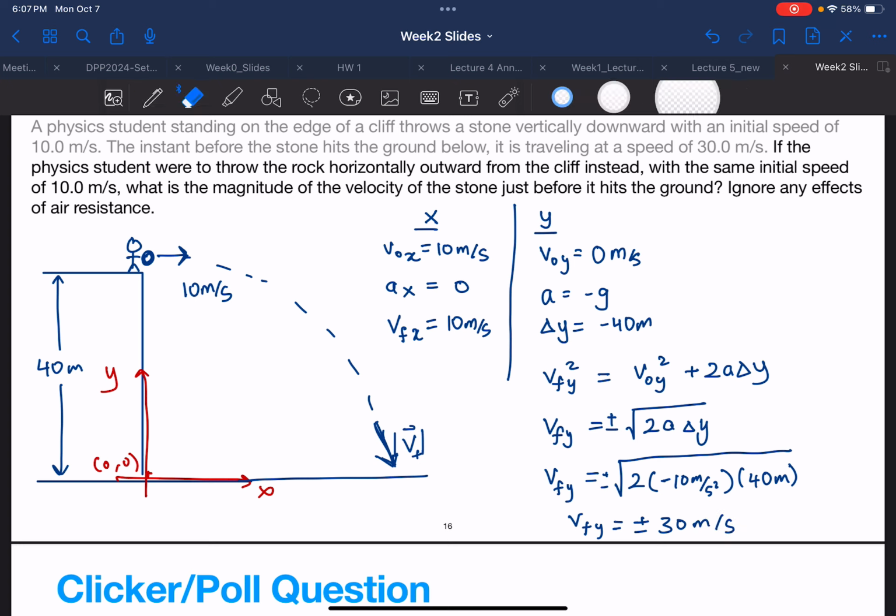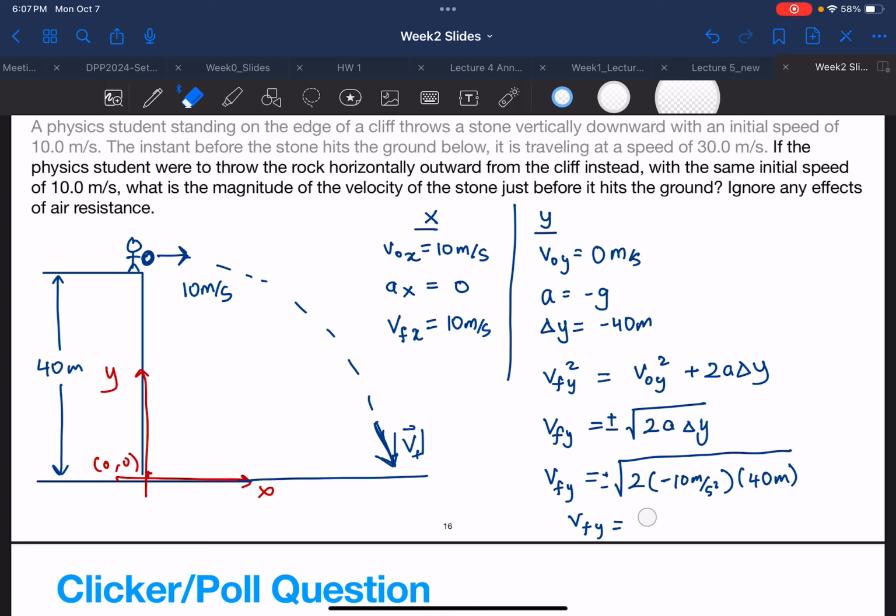Oh, oops, not 30 meters per second. My apologies. This should turn out to be about, let me just calculate it. So we have 2 times 400, so 800, and the square root is 28.28.